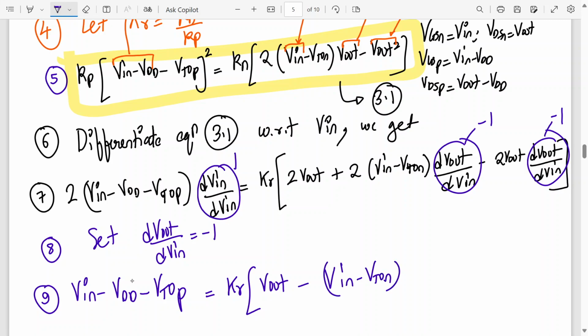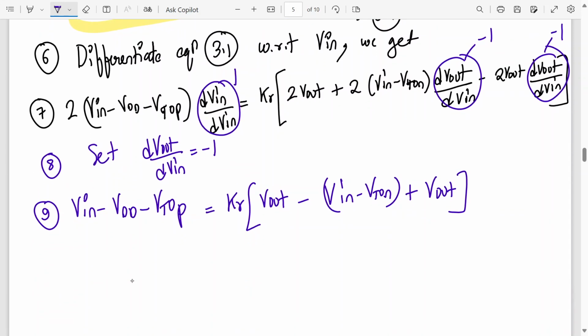Then here it is -1, here it is minus, so it will become plus V out. That's it. I hope I have done it correctly. We have divided LHS and RHS by 2.